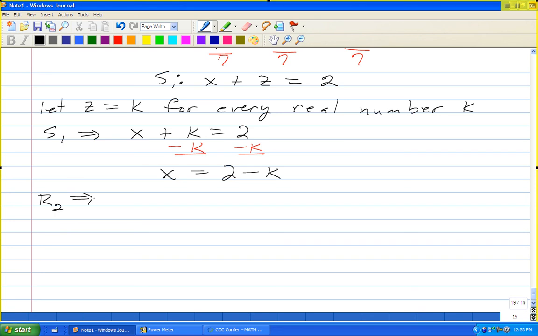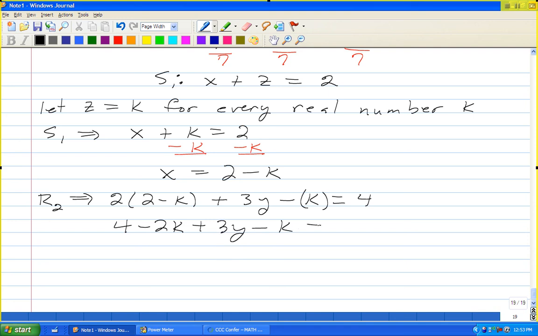And so from R2, I have 2x plus 3y minus z equals 4. Okay, so let's simplify this. So I have 4 minus 2k plus 3y minus k equals 4.